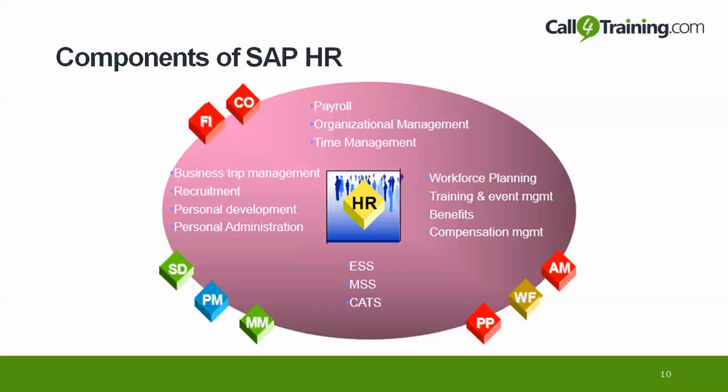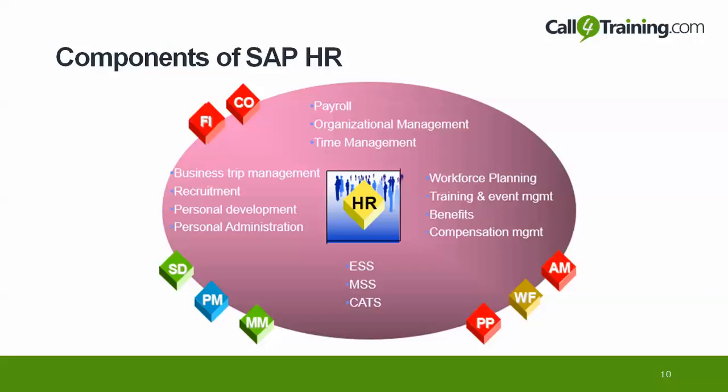Now, ESS, MSS, CATS, these are all to be done in the NetWeaver, that is in the Explorer. Now, we could say ESS, MSS, and CATS is the way to go. Rather, we have something called SuccessFactors, which also is mainly dealing with ESS, MSS. Now, they have personal administration and personal development.